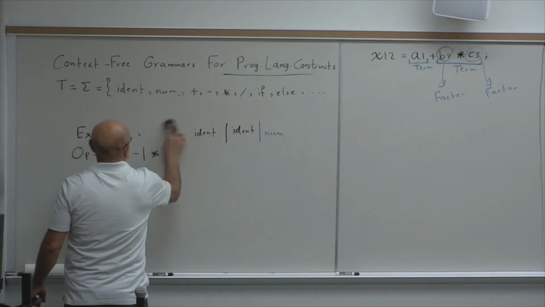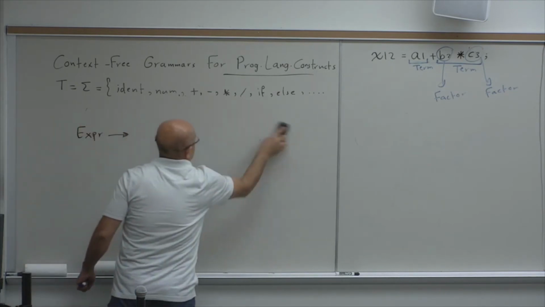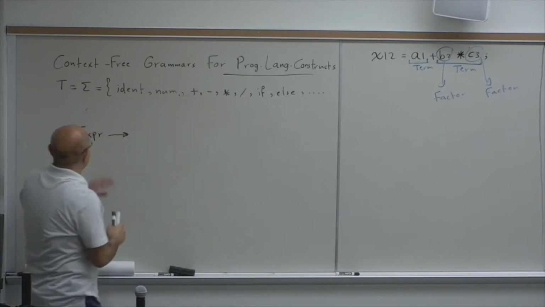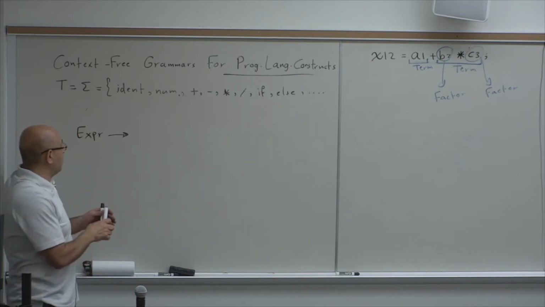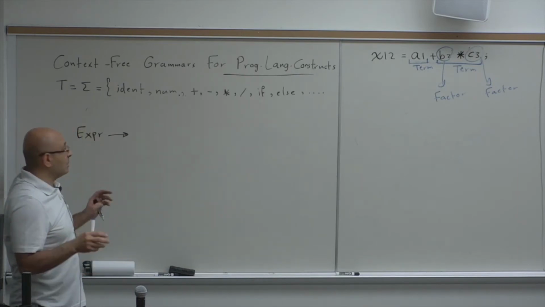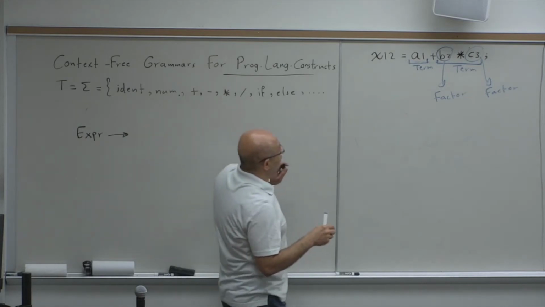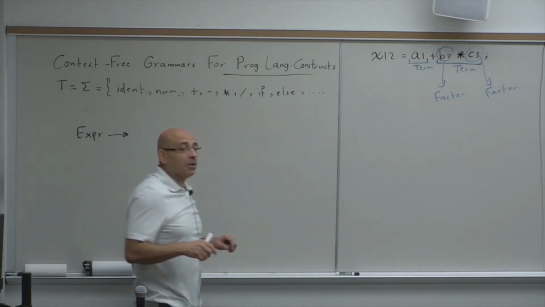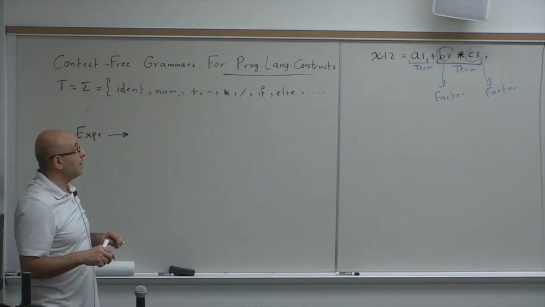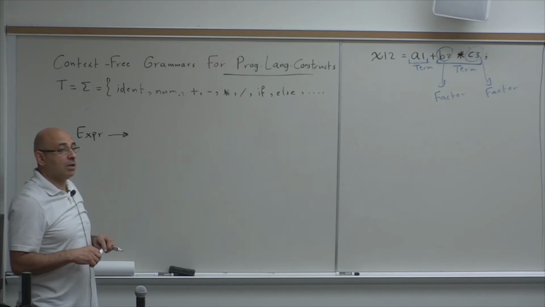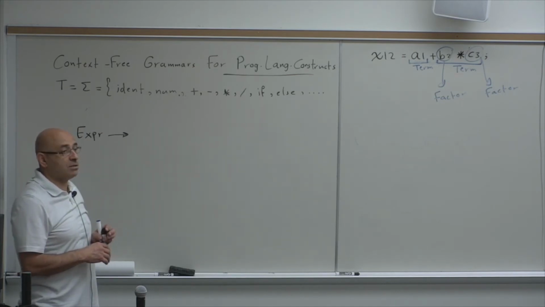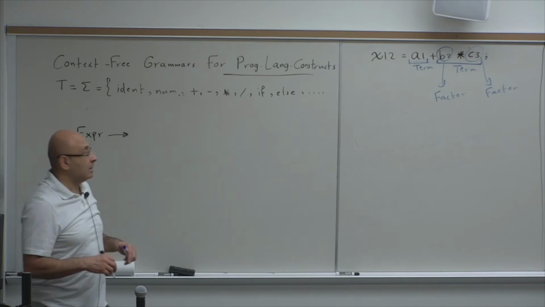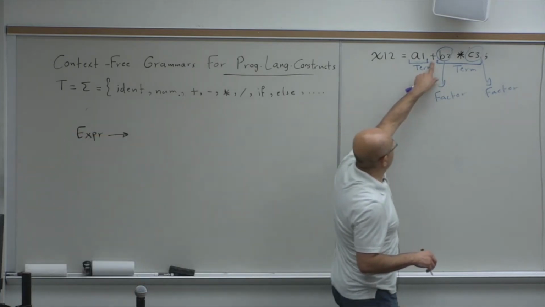So my expression now is going to be, now when we say an expression consists of an arbitrary number of terms, what will the operator be that connects the terms together? What operators connect terms together? Here, what's the operator?